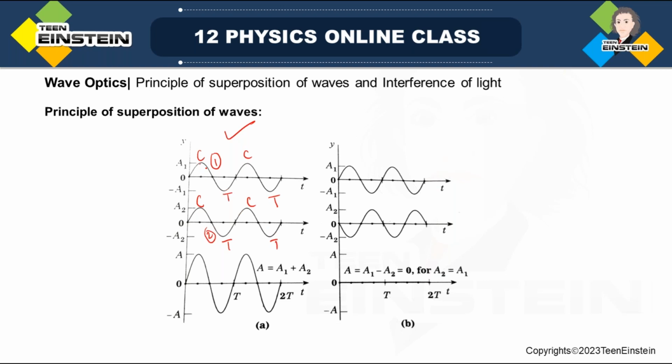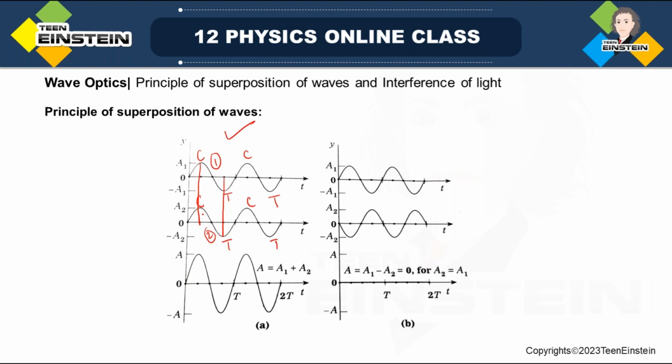Now when the two waves are meeting, having their crests and troughs at the same positions, the crest of the first one is at the same place as the crest of the second wave, and the trough of the first wave is at the same position as the trough of the second one, right?